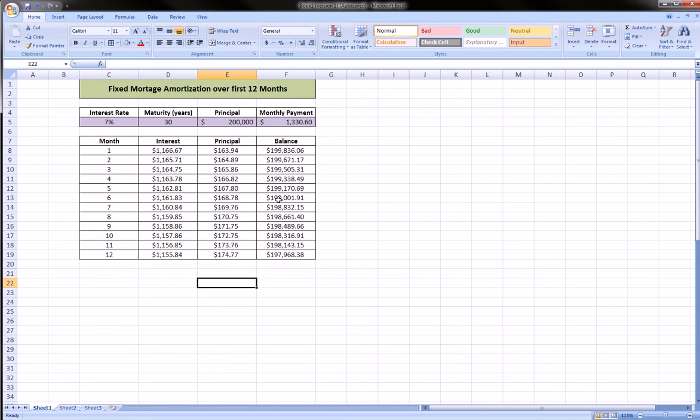Okay, so now that we've constructed this and we've done it with the proper references, all the formulas referring to these inputs in purple, we can play with this, and we've got ourselves a mortgage amortization calculator on our desktop. We created ourselves without having to go on some website.